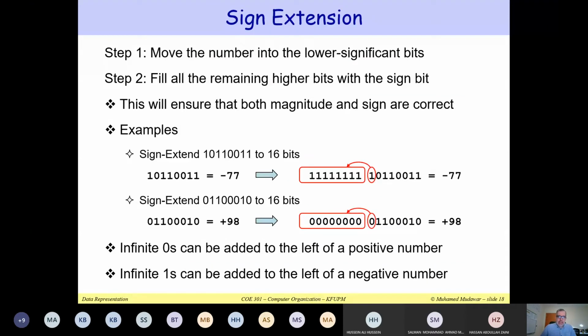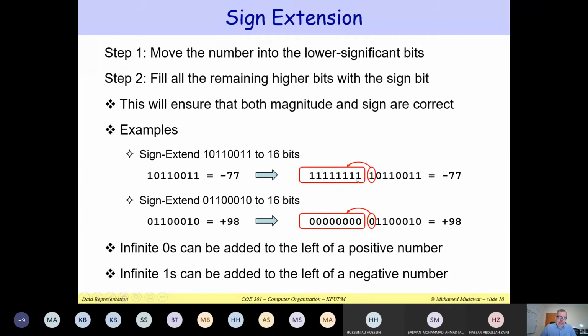Suppose I would like to extend a byte that consists of 8 bits into 16 bits. Now, if this byte is signed, you can use it to store a positive value or a negative value. You look at the sign bit. If the sign bit is 1, then you have to extend it according to the sign bit. We call this sign extension. If the sign bit is 0, you extend it with zeros.